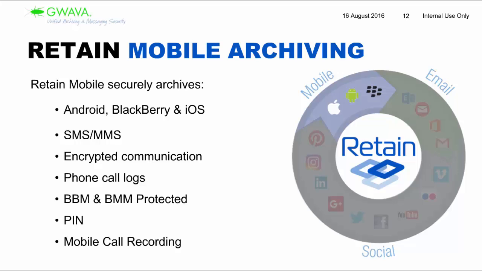So that is the way in which you can still let your employees bring their own devices, but they can use the personal side for their personal things, and then they can use the business side for their business communication. There's a couple of other ways you can do this as well.